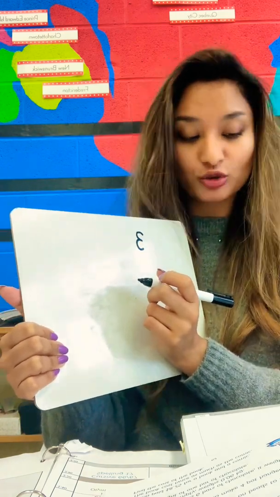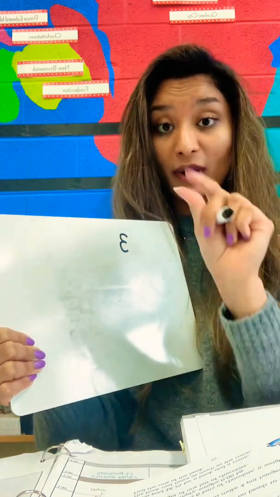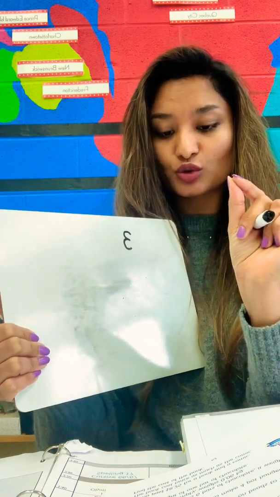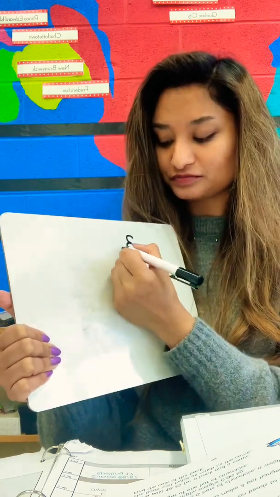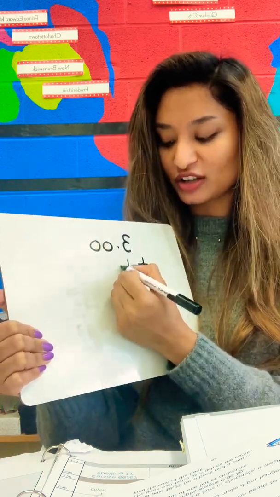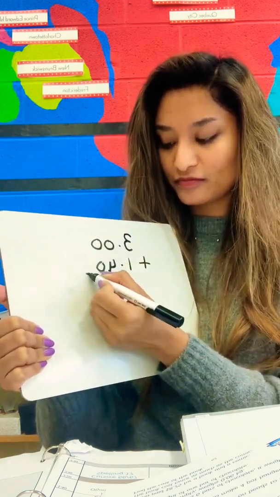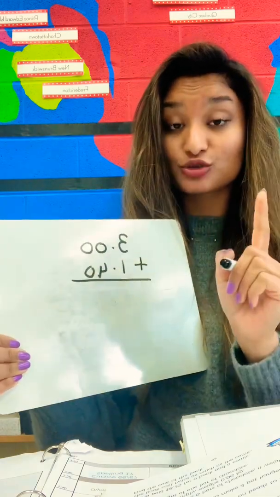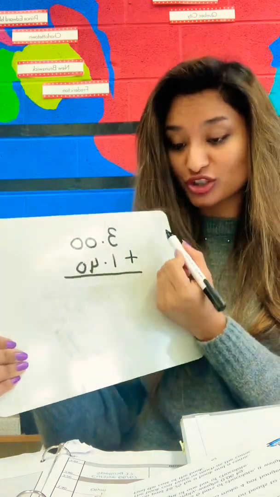So what we're going to do is combine our dollars first. So we are going to do $3 plus $1.40. That's your first step to the problem, which is question 10.